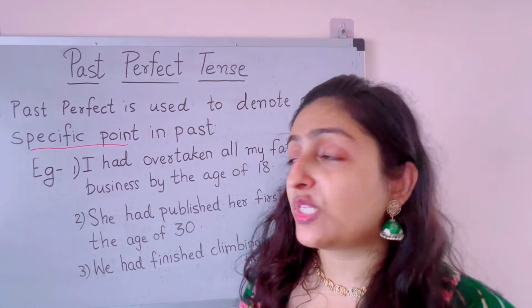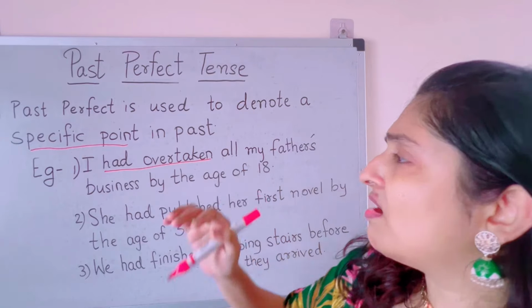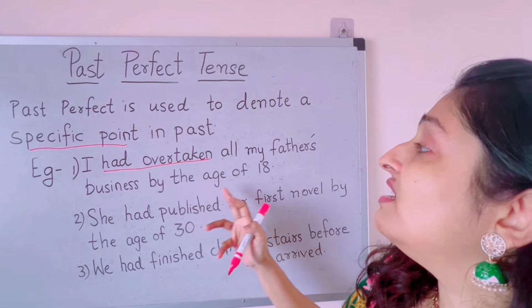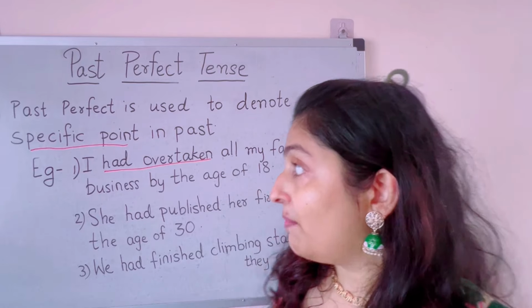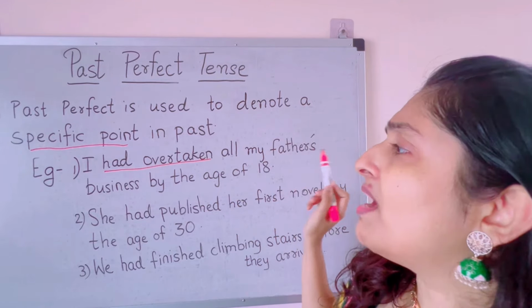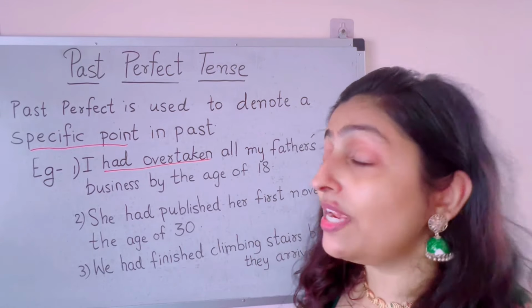Let's look at the examples. I had overtaken all my father's business by the age of 18.